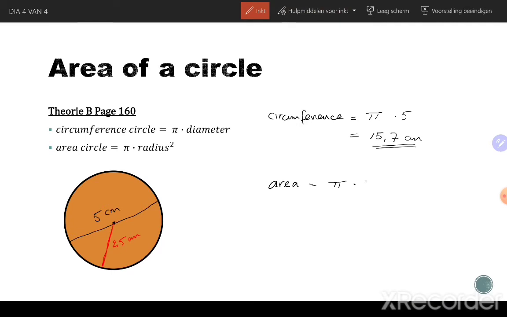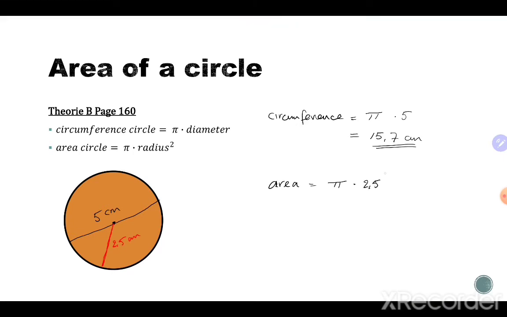So you get pi times 2.5 to the second power, which is 19.6. Be aware that we talk about the area, so not centimeters again, but square centimeters. Here we just talked about the length, and there we talk about an area.